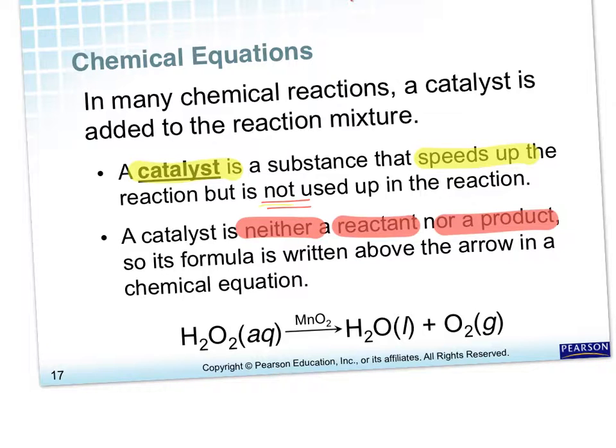We don't write it on the left as a reactant, and we don't write it on the right as a product. We write it right here over the arrow. So in this case, the hydrogen peroxide, which is right here, decomposes to make water and oxygen gas with the use of MnO2 as a catalyst.